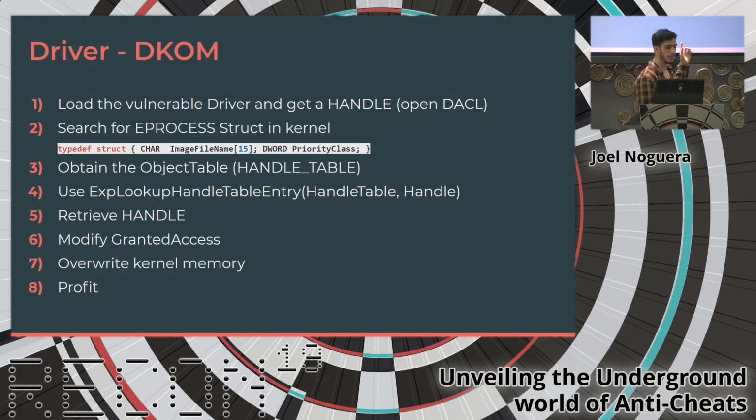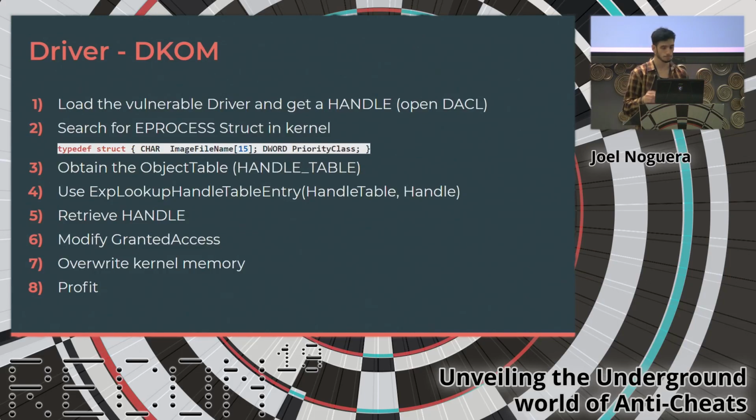So here you have an example of a small structure that allows us to implement this required pattern. The first attribute is going to be the image file name, which for LSASS is lsass.exe, and then the priority class will be 2, which is always constant on the LSASS process.